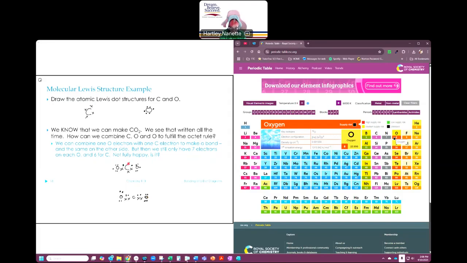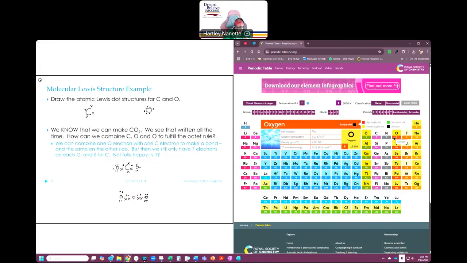And so I took this electron from the top and this electron from the top, and I pulled one over here and one over here, and pulled the stragglers from the sides in and made double bonds. And now let's count those electrons again. 1, 2, 3, 4, 5, 6, 7, 8. There are 8 here.